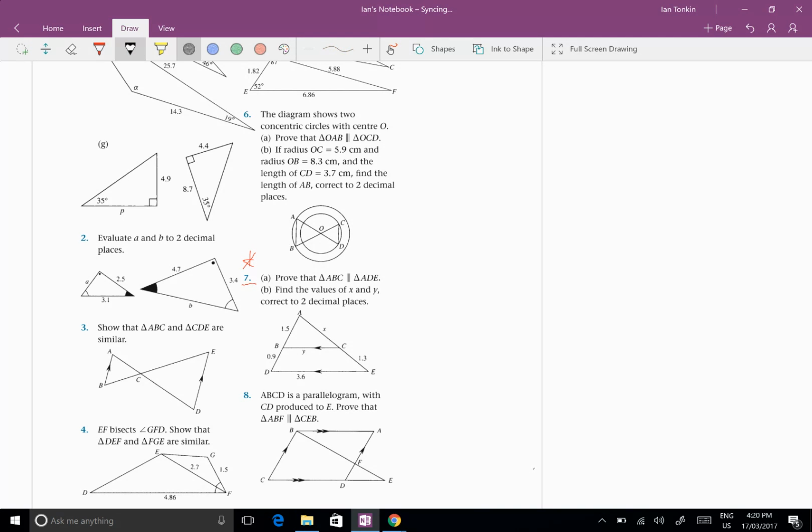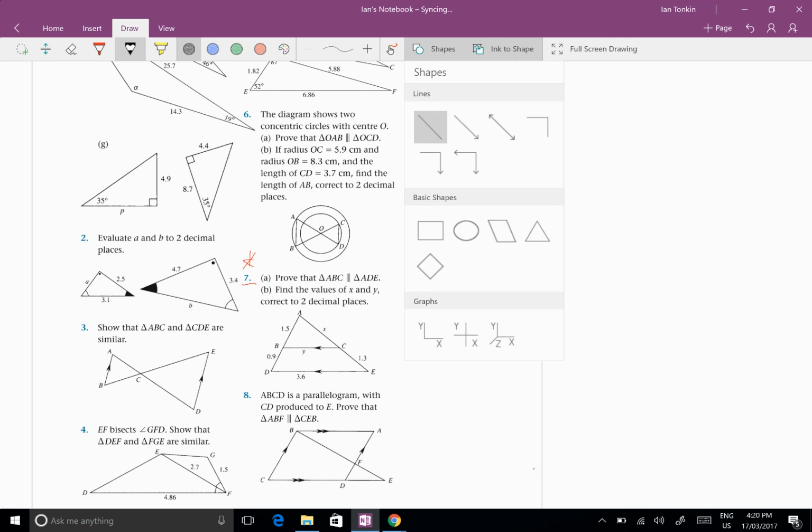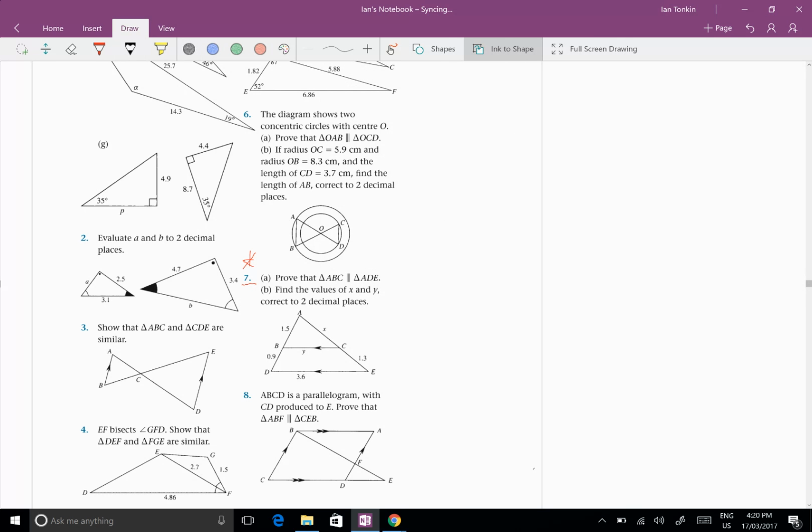So the first thing I'm going to do is draw the two triangles separately.